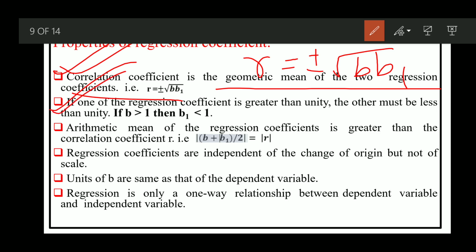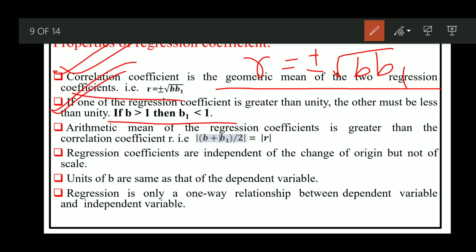Next, if one of the regression coefficients is greater than unity, then the other must be less than unity. This is very important again. This is also known as the magnitude property of regression.